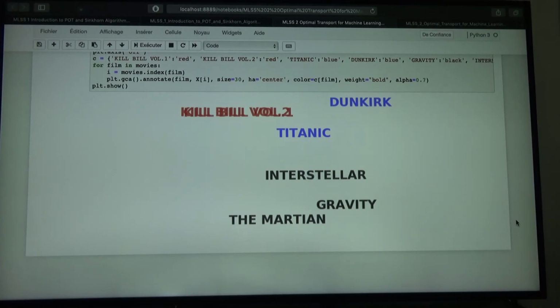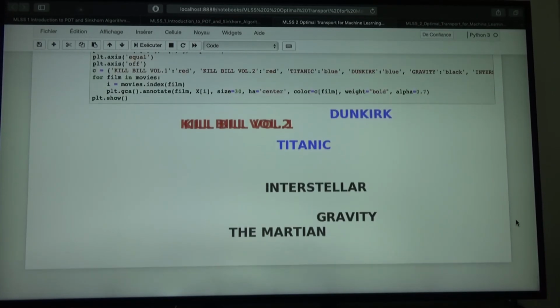Then we get Interstellar, Gravity, and The Martian. Those are the sci-fi movies that share the same kind of words, the sci-fi words, maybe probes, planets, space, gravity, etc. And then we have those 2 blue points that are matched together, Titanic and Dunkirk. Maybe they're not really matched together, it's not very clear.